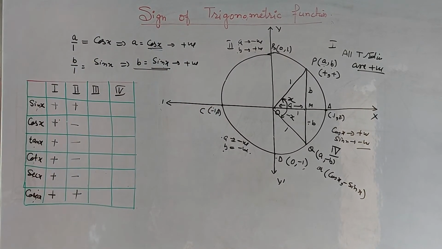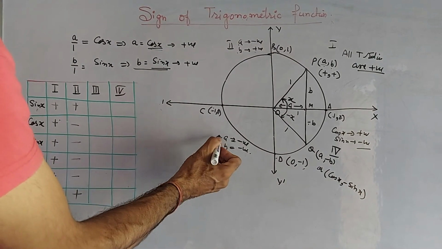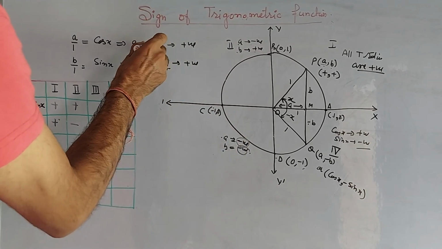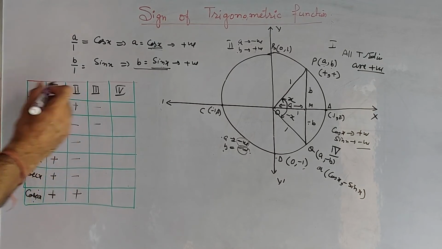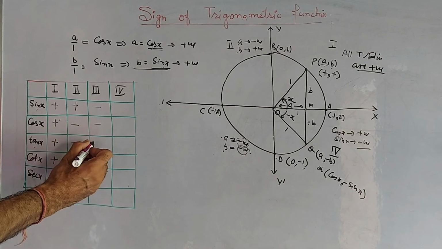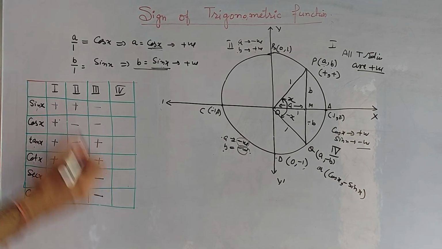Now see in the third quadrant, here a is negative, therefore sin is negative and cos is negative. Sin x upon cos x means negative upon negative is positive, and this is also positive. The others are negative.